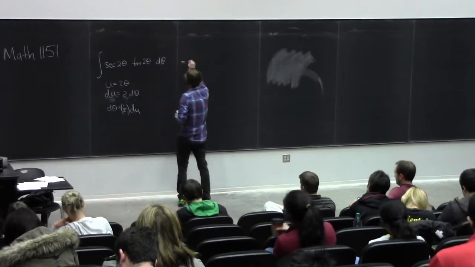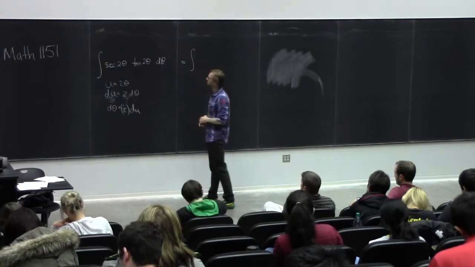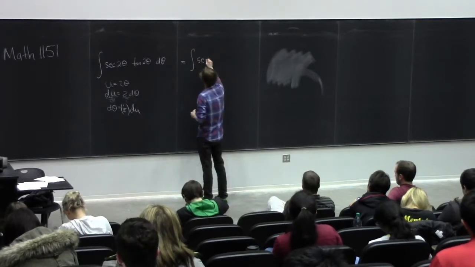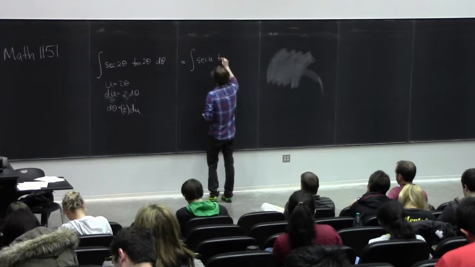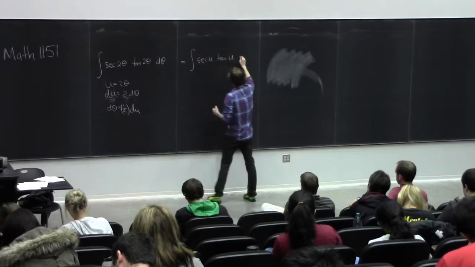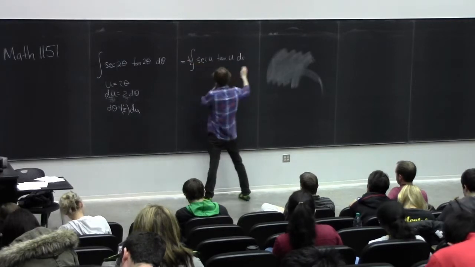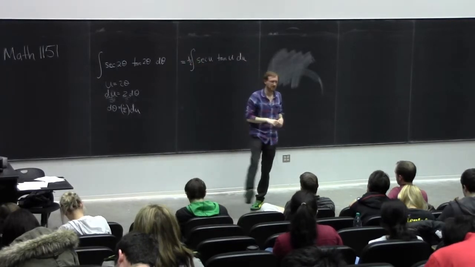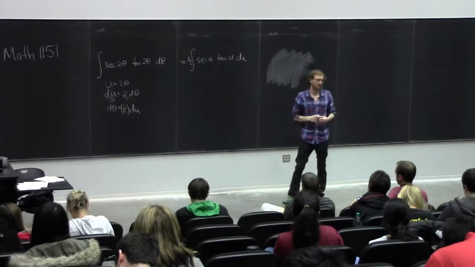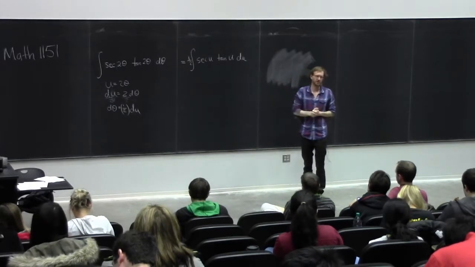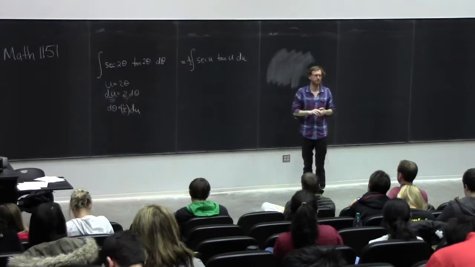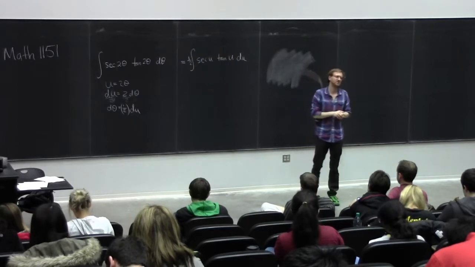And you see that this is equal to the antiderivative of secant u tan u times 1/2 du. Is that correct? Yeah. The 1/2 can go out front. It's a constant. You can always pull a constant out front. And what's the antiderivative of secant tan?